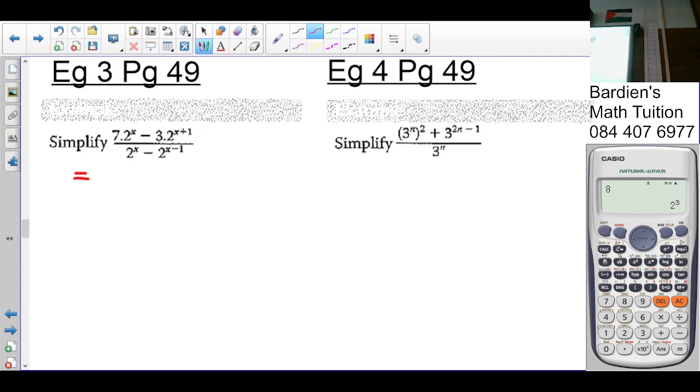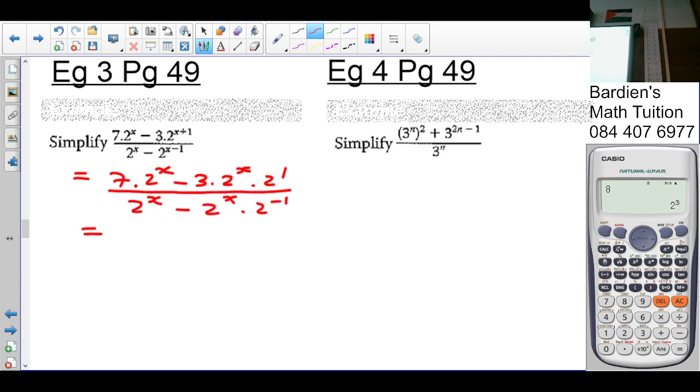So what you should get is 7 times 2 to the x minus 3 times 2 to the x times 2 to the 1, over 2 to the x minus 2 to the x times 2 to the negative 1. Now what do we do?